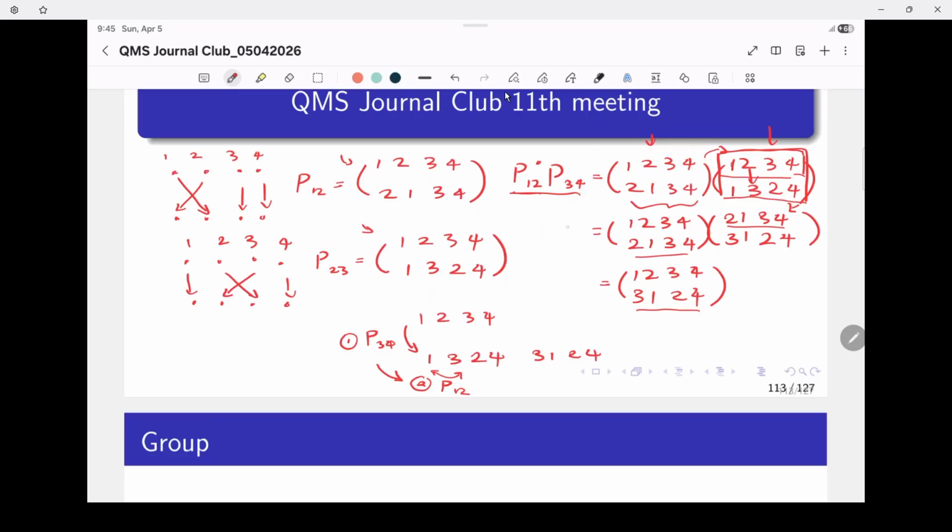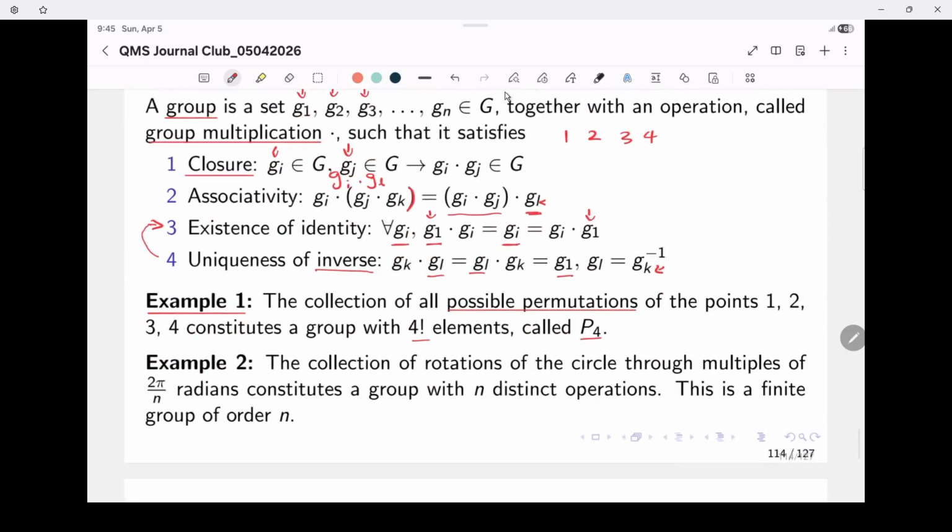So mathematically speaking, you can do this particular step that I did, or you can start with 1, 2, 3, 4 as your initial permutation, and then you slowly perform all the permutations required, P34 and then P12, to get the final results. So that's the first example of a permutation group.